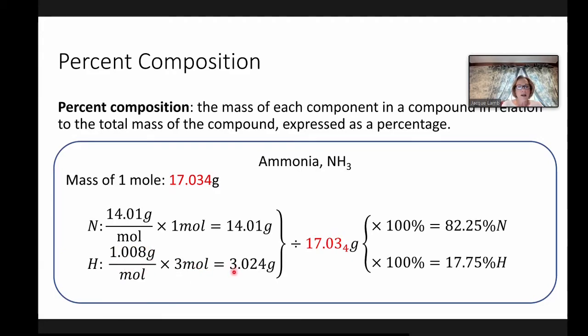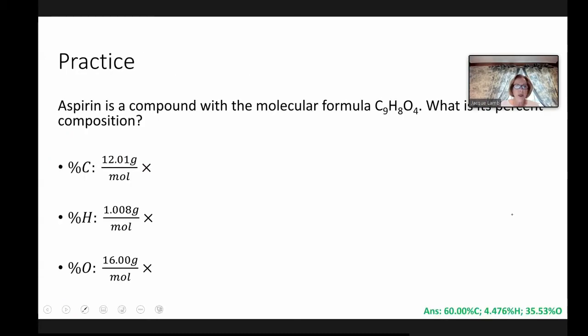So 3.028 grams of this total is hydrogen. So we simply take the mass of each constituent element divided by the total times 100, part over the whole times 100, tells you that 82.25% of ammonia is comprised of nitrogen, 17.75% is hydrogen.